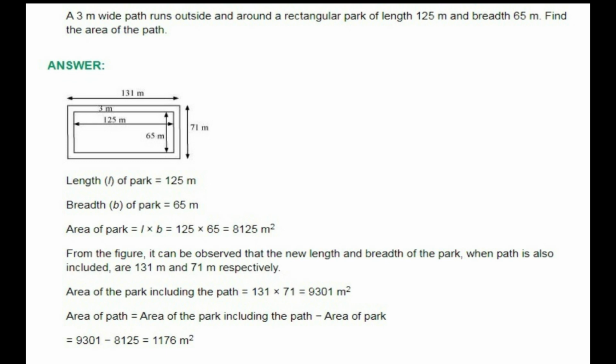So in order to find the new area of the park, we have to multiply 131 into 71, and now we get 9301 meter square as the new area of the park, that is including the path. So we have to find out the area of the path, right? So for this, what we have to do is subtract the area of the park excluding the path from the area of the park including the path.